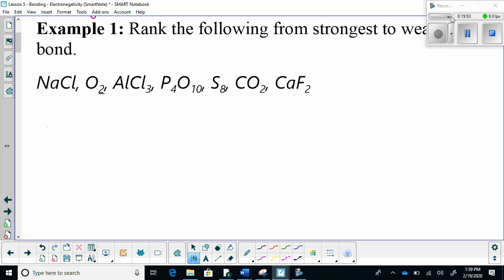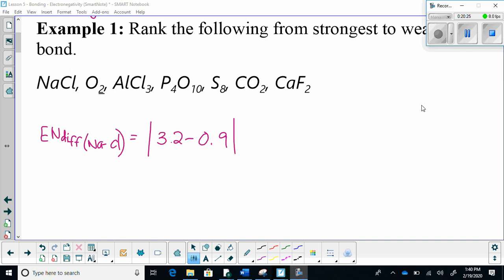Okay, so the electronegativity difference of the first compound, between Na and Cl, is equal to chlorine, which is 3.2, minus 0.9, which gives me an electronegativity difference of 2.3. Okay, 2.3.